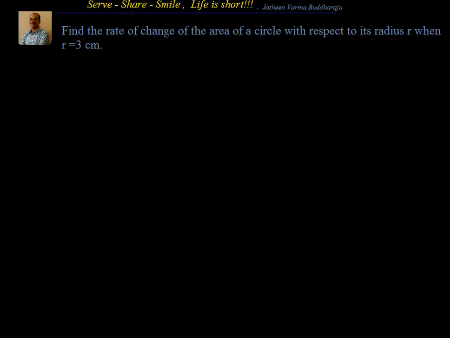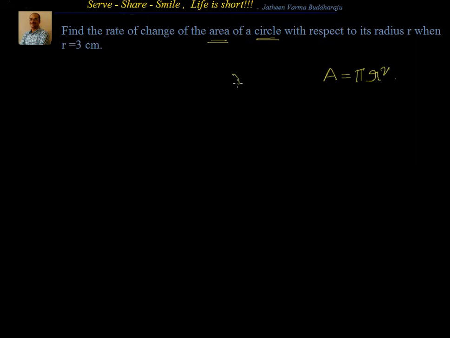Let's go through the first problem. Find the rate of change of the area of a circle with respect to its radius when r equals 3 centimeter. So first I am interested in the circle and in its area, so let me put down that formula. We know that A equals pi r square.